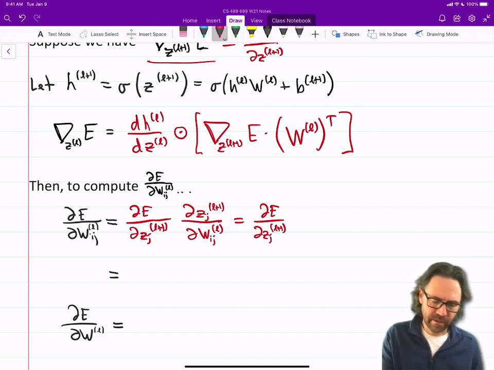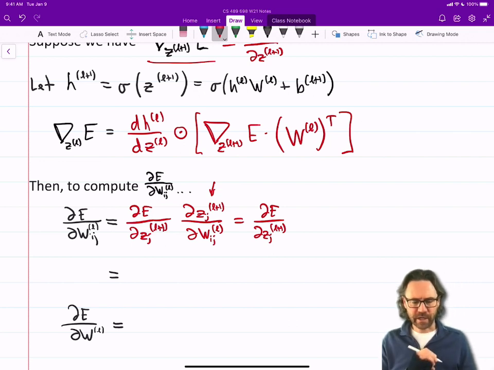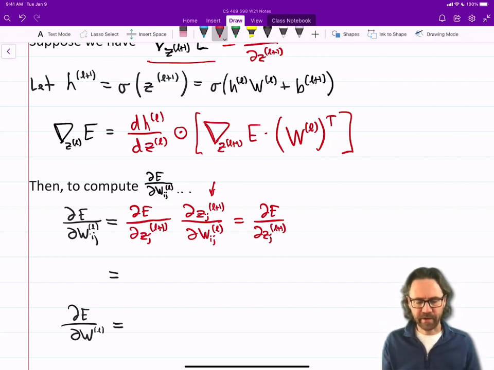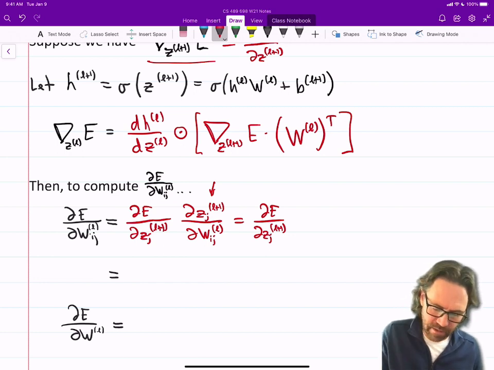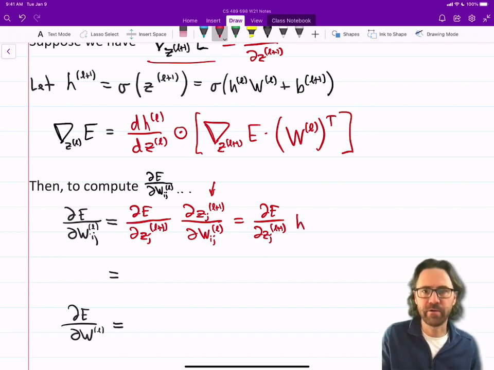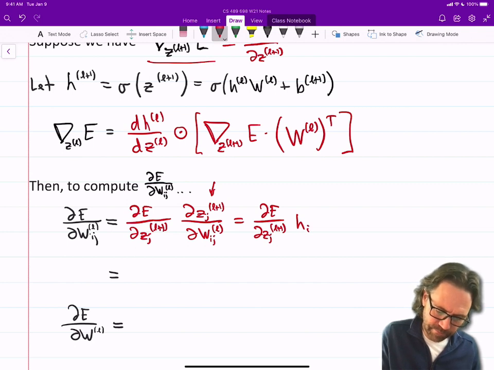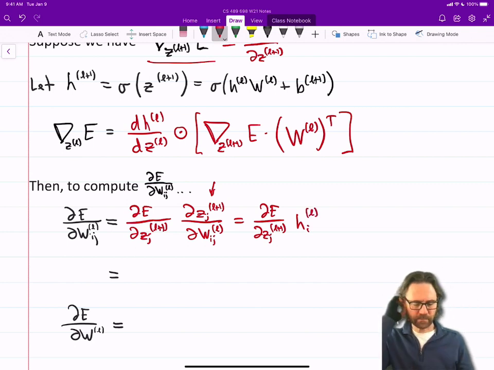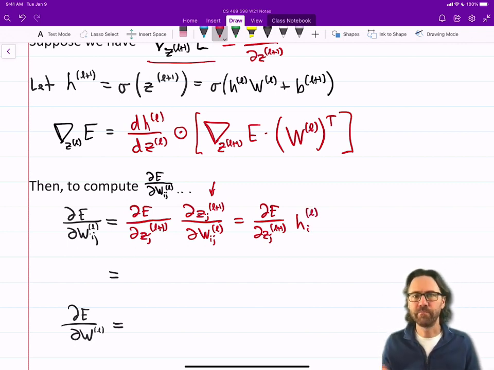Now what is this thing here? Well, the connection weight, the derivative of the input current with respect to the weight is just the corresponding activity from the layer below. You can convince yourself of that.